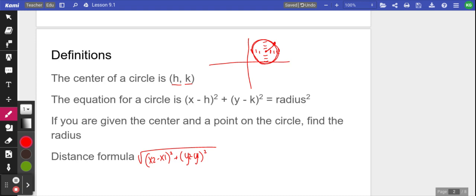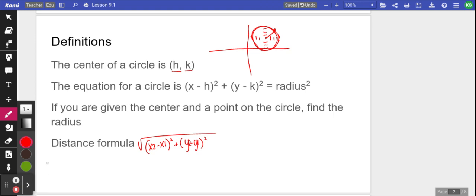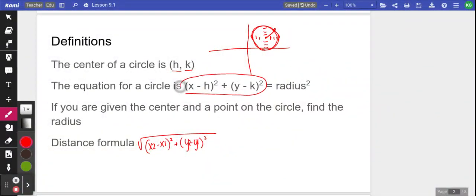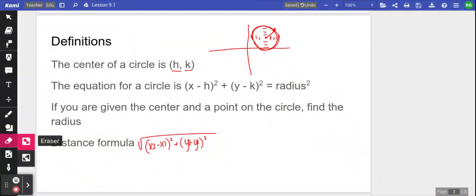Notice the distance formula has a lot of the circle formula in it: x minus the x point squared plus y minus the y point squared. And if I want just the radius, to get rid of this squared I would just take the square root. So the distance formula comes from the circle formula to find the radius.